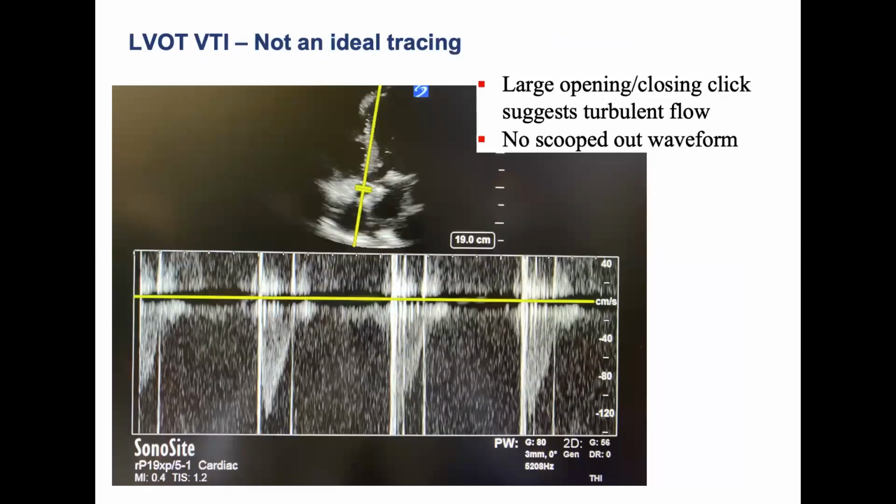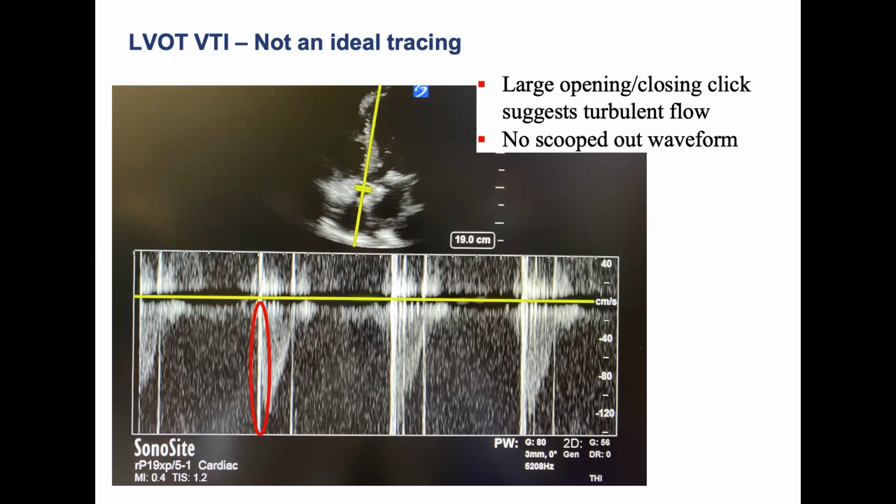Here are some other pictures so we can see what this LVOT VTI tracing should look like. Here, this is an apical 4-chamber. You can see that this pulse wave Doppler is actually a little too far into my LVOT. We can see this because we have a really large opening click, so that's this line right here.